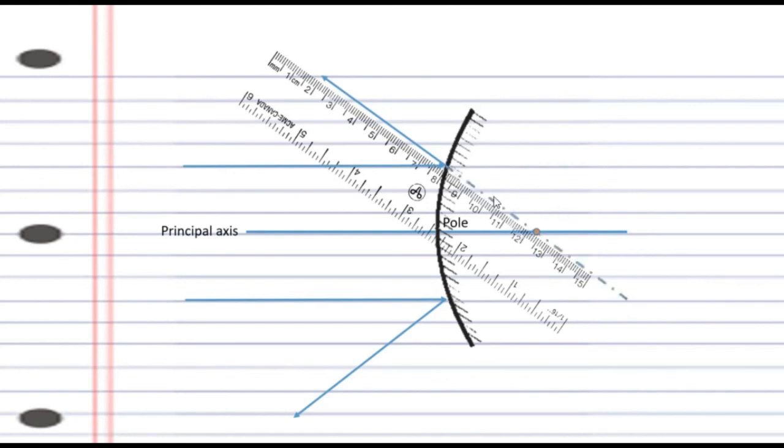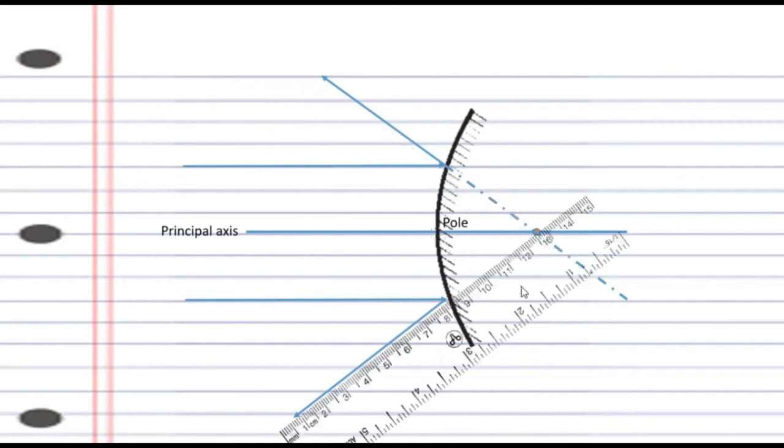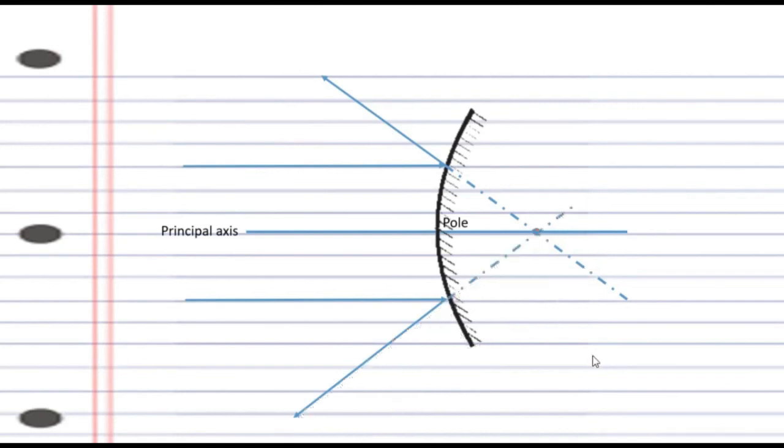That means it is just a direction. In the same way, I am keeping the scale right on these two points and drawing this here. So when they are extended back, they appear to meet at a point on the principal axis, and that is the point which is called the principal focus, right?